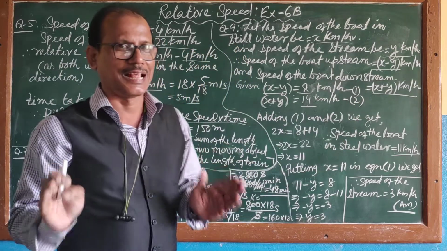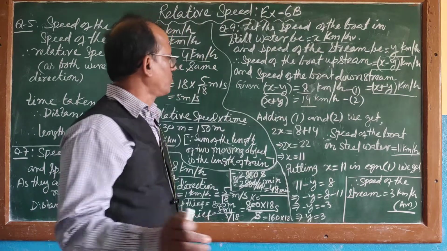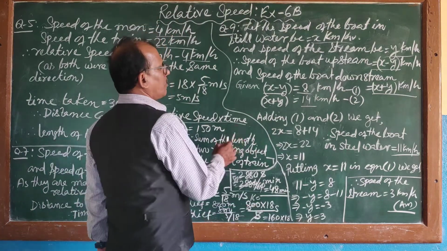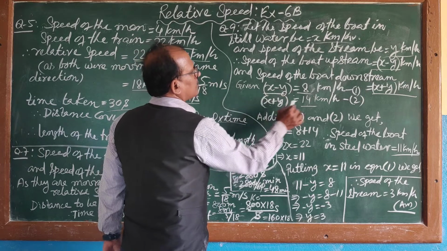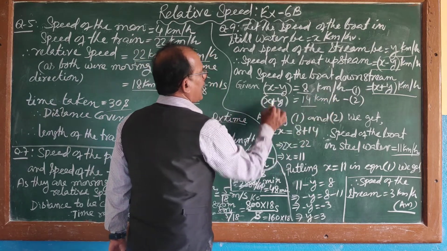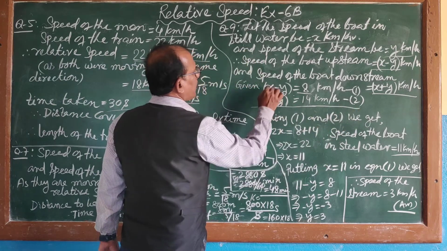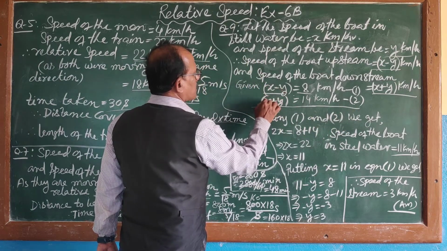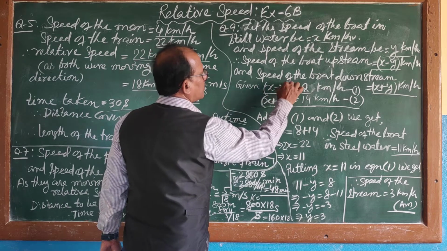Now learn a little bit of algebra. Simultaneous linear equations, two equations together, how do you solve them? See, this is x plus y, equation 1, and this is x minus y, equation 2. Add these two. If you add these two, what will happen? x plus x is 2x, and minus y plus y will cancel.